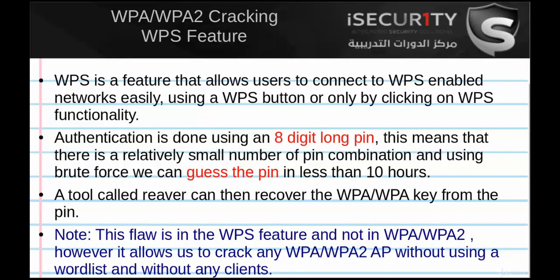On Windows 8, and on some Wi-Fi printers, they have a WPS button. So if you press that WPS button and you go to your router and press the WPS button there as well, or go to the configuration page and press the WPS button, the client, the printer or your Windows device will connect to the network without having to enter the key.